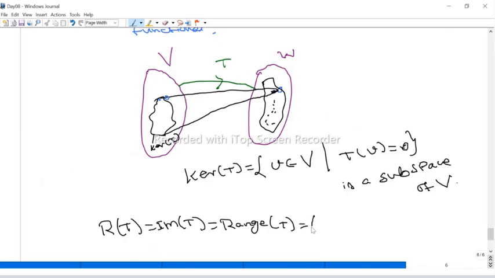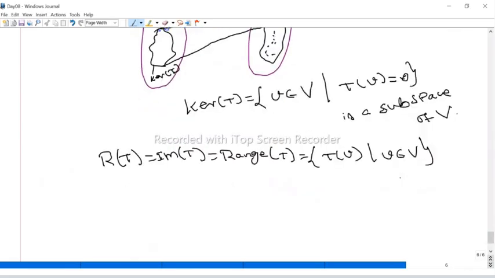So range of T is nothing but the set of all T of v such that v is in V. You already studied this in real analysis. So that is the range space. This range is also a subspace of the codomain W.